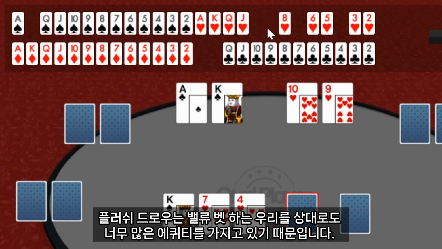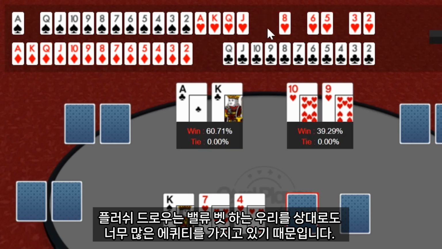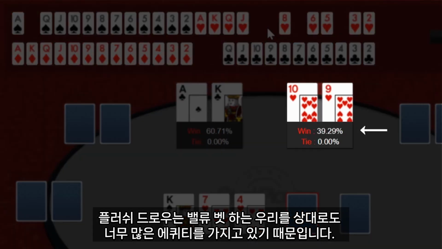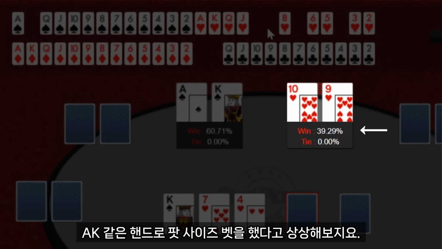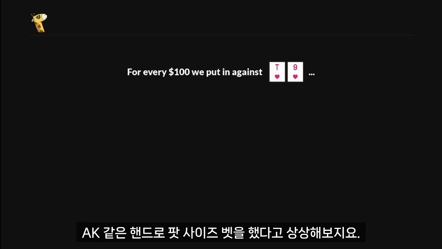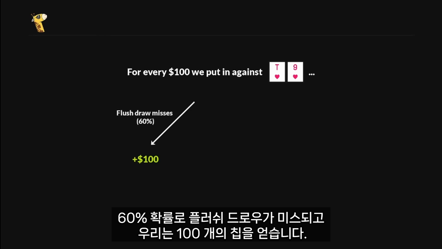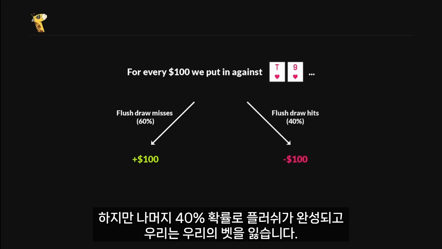This is because flush draws have way too much equity for us to value bet against comfortably. Imagine making a pot-sized bet with a hand like Ace-King. 60% of the time, the flush draw misses, and we win 100 chips. But the remaining 40% of the time, the flush gets there, and we actually lose our bet.